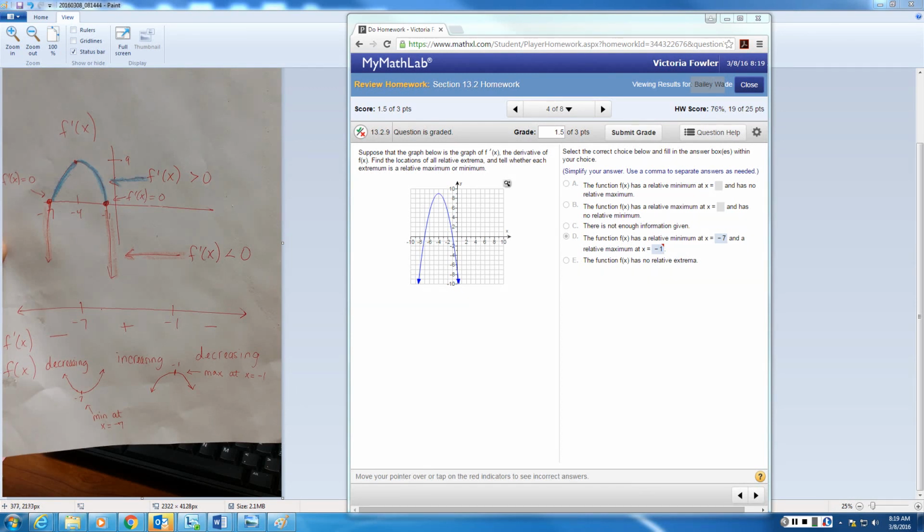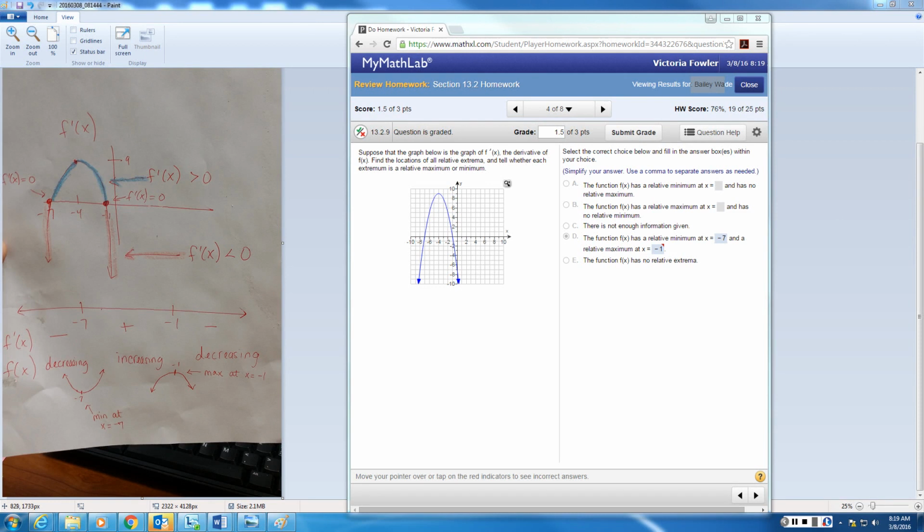This would be where f prime is negative, right? It's below the x-axis. And then starting here at x being -7, we can see that we have the derivative above the x-axis, and so we'd have the derivative as positive.